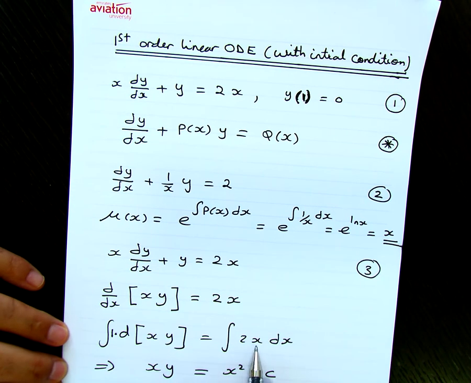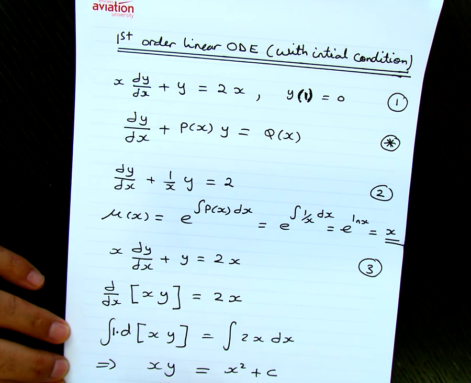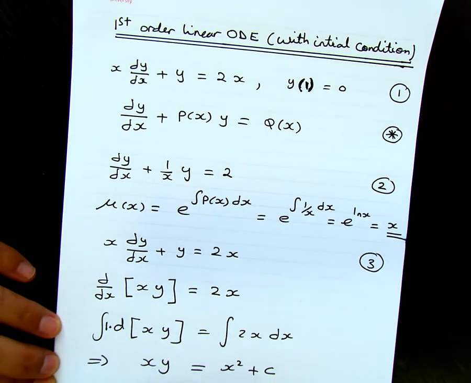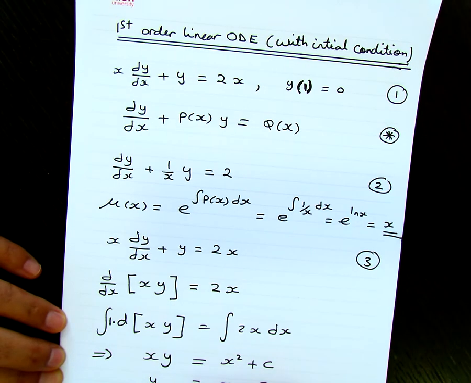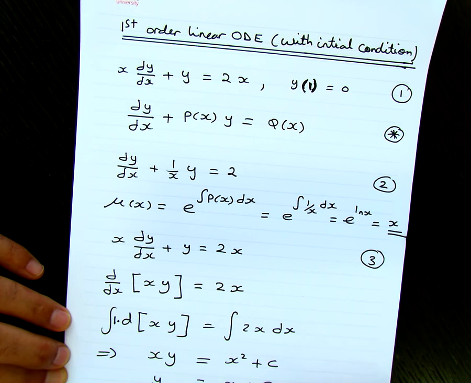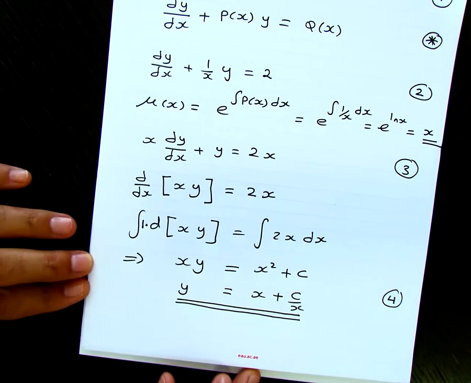Normally when you integrate x, you get x squared over 2, where the 2 cancels out with the 2 here, so it leaves me with this. Or we can rewrite y in terms of x to have y equal to x plus c over x. And this is what we call the general solution. So equation 4 is the general solution to the differential equation.